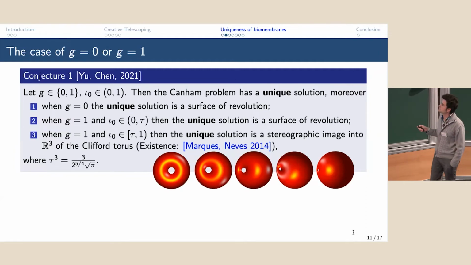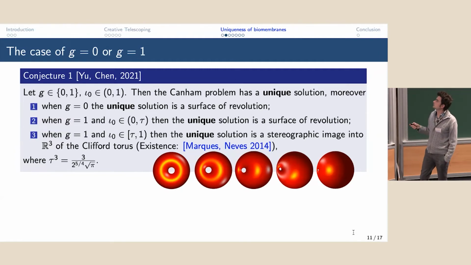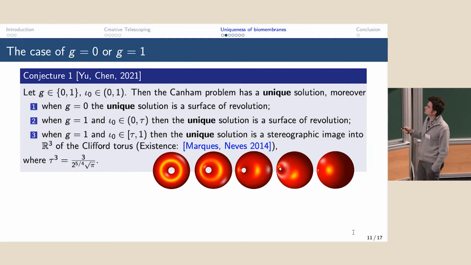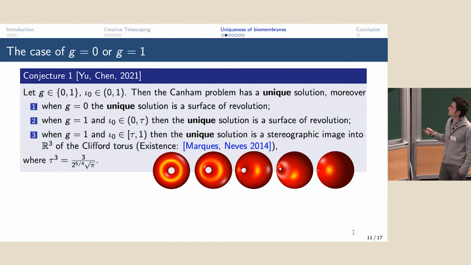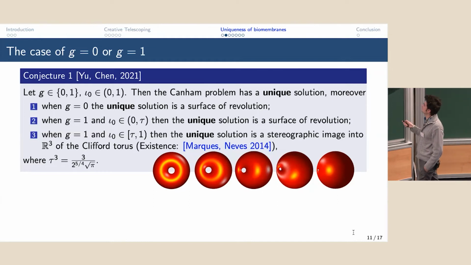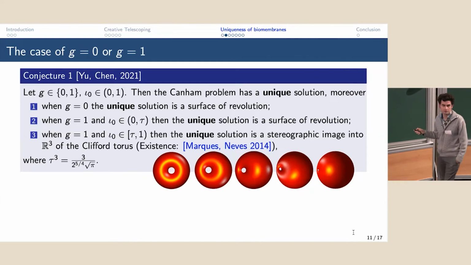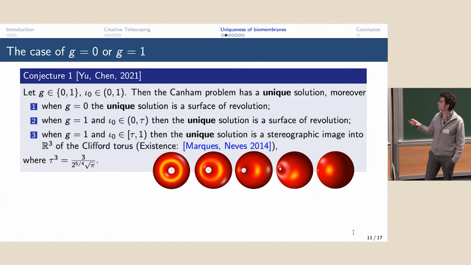When we have genus 0, then the unique solution is always the surface of revolution. In the genus 1 case, we get these two distinctions. And this third part is exactly what I mentioned before, this famous and nice paper by Marques and Neves, that if the isoperimetric ratio is between this quantity and 1, then we know that the solution must be a stereographic projection of the Clifford torus. Here I show some of the stereographic projections.